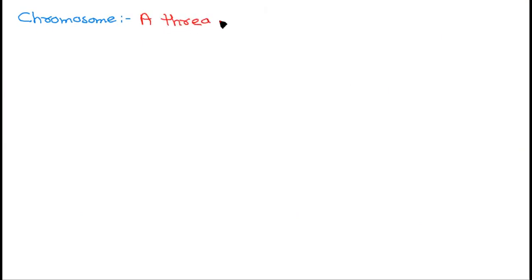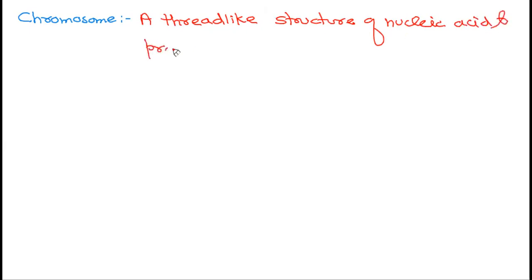Wait, let me define this first. A thread-like structure of nucleic acid and proteins, chromosomes are made up of nucleic acid and proteins only. Where are these found?